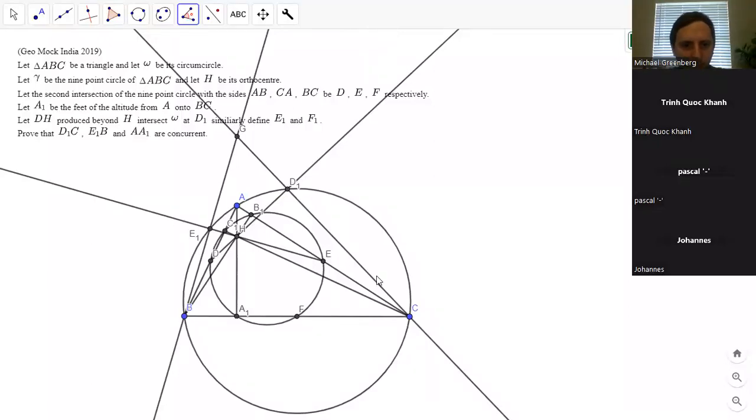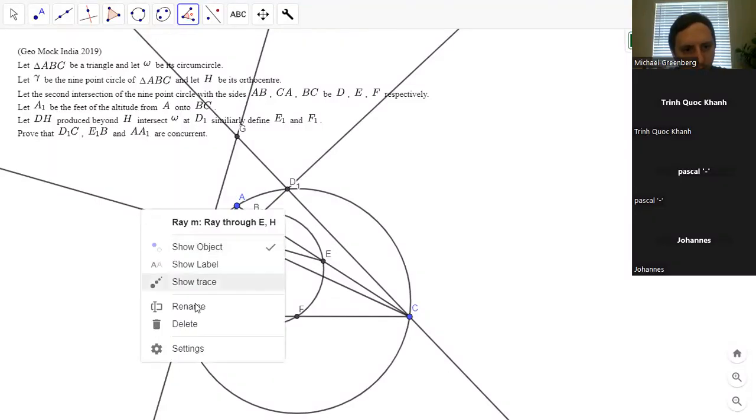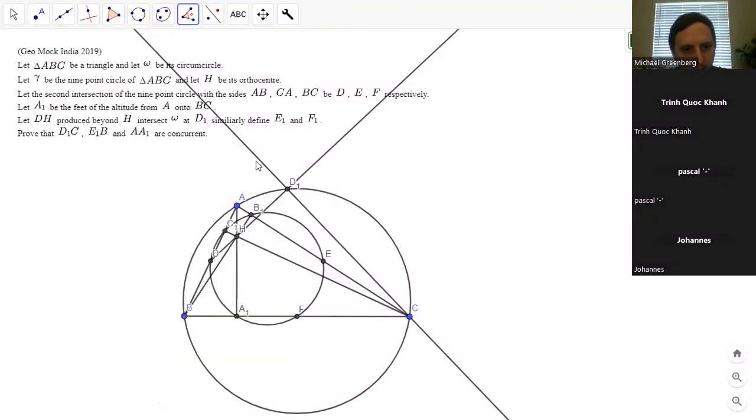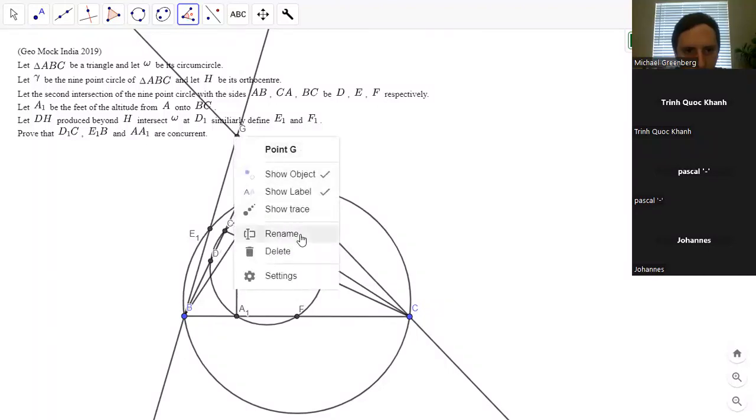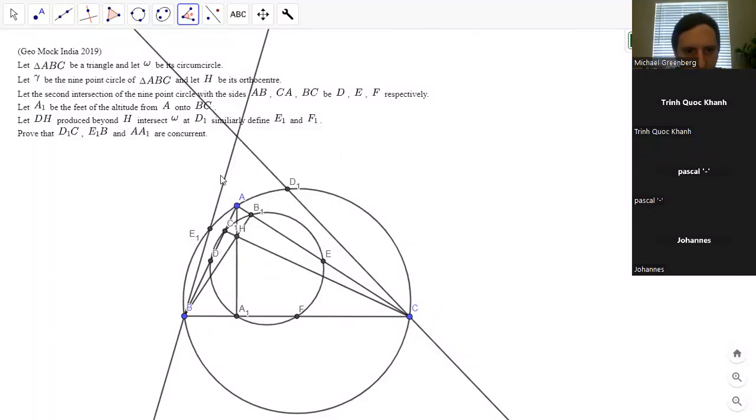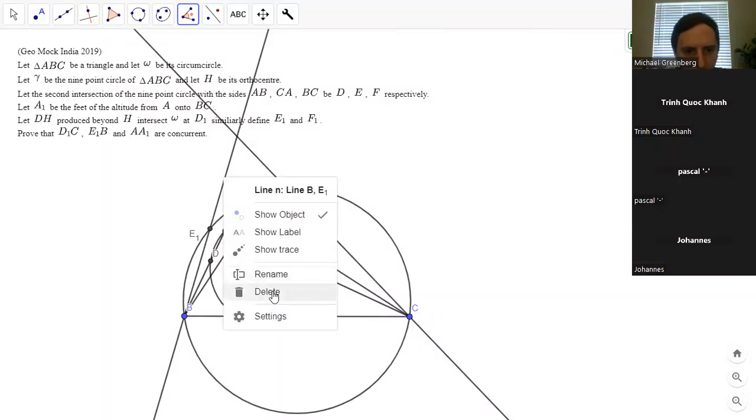We'd just have to show that's a right angle. And is that obvious? So then I don't even really need to draw any of these. All I need to do is hide this, delete that, delete these two.